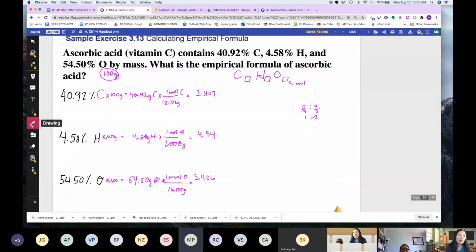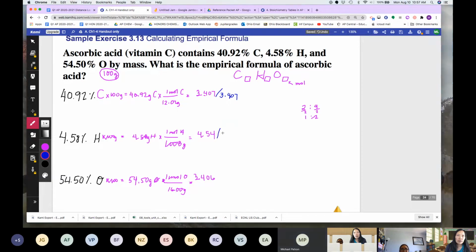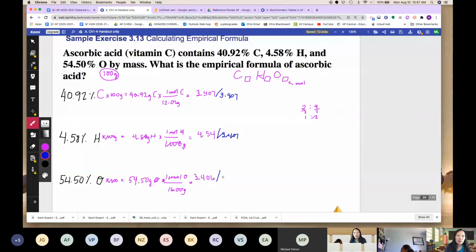Divide all of them by the smallest number, 3.407.